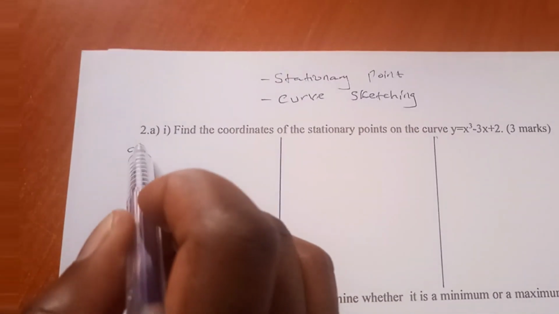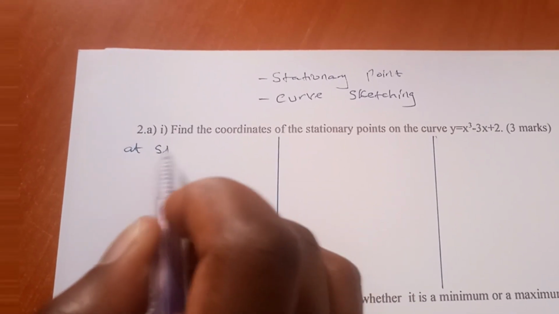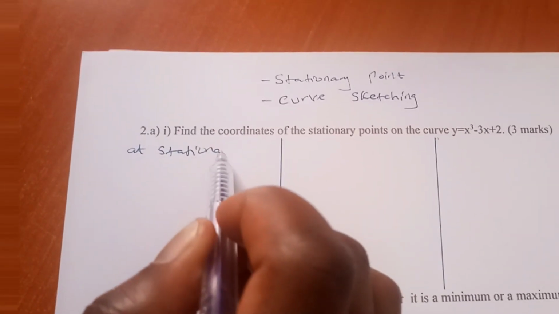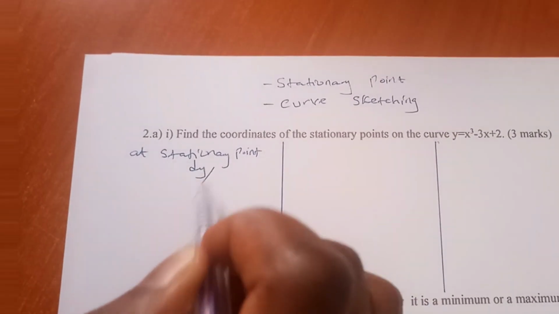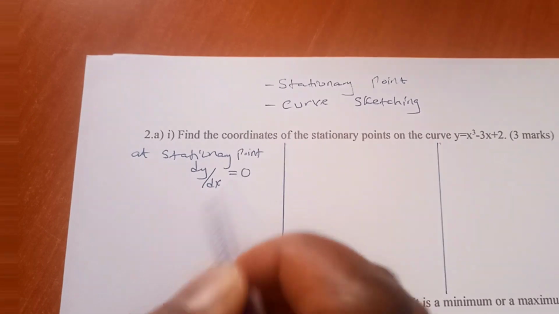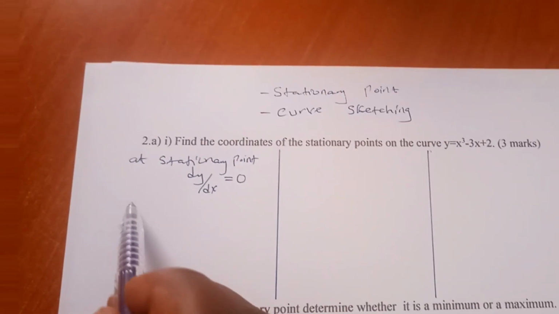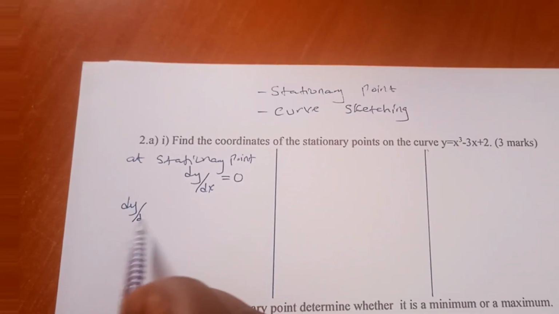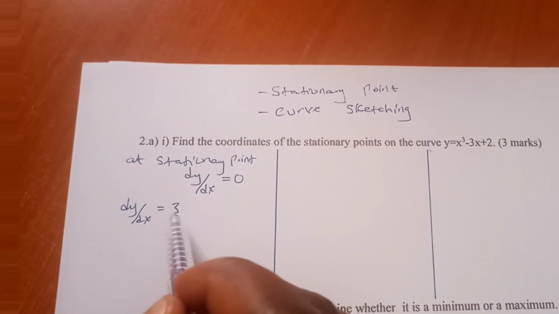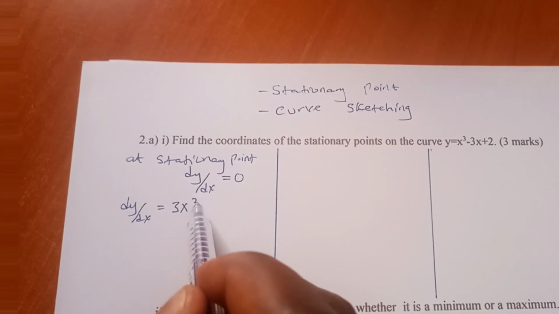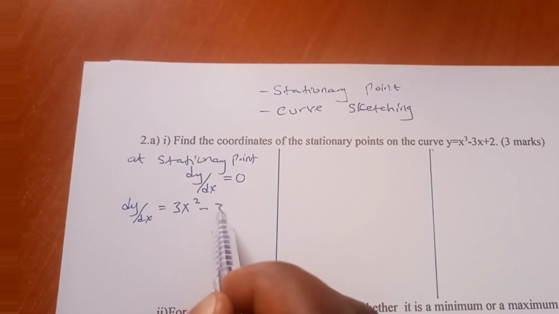So we say that at a stationary point the gradient is equal to 0, or dy/dx is equal to 0. Therefore we are going to differentiate the equation given and equate that to 0. On differentiating this we get 3x squared minus 3.